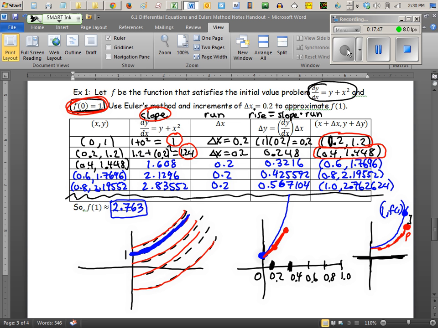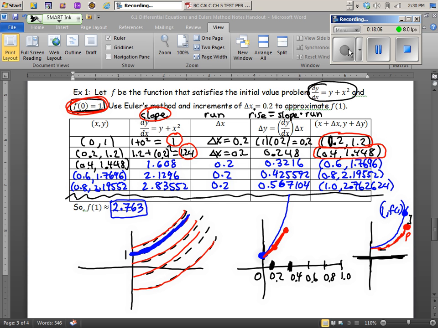Now, what is one way we could make this more accurate? Well, you would want to make a smaller delta x. The smaller your delta x, the closer the red curve will be to the blue curve. Another thing we understand is that because the blue curve is clearly concave up, in this particular region of our graph we can clearly see that the point P is underneath the blue curve.